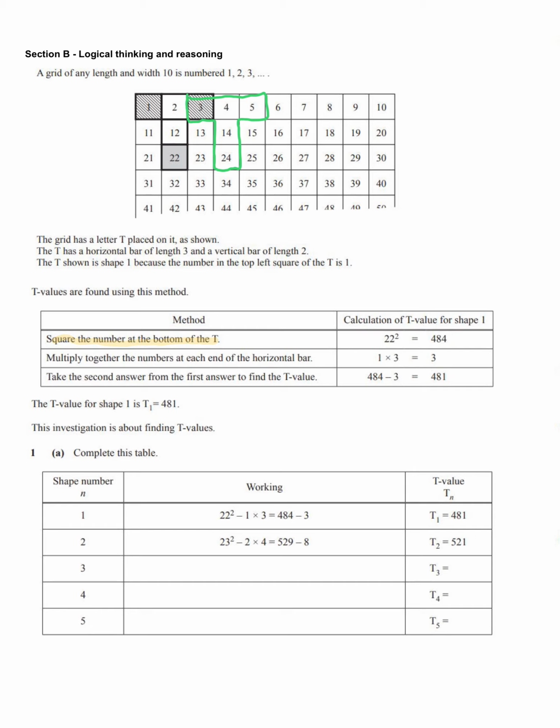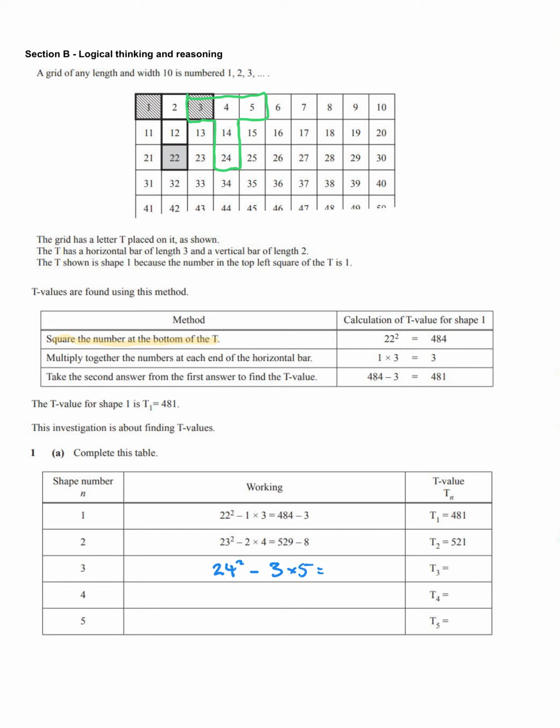So what we have is, first of all, 24 squared minus 3 times 5.